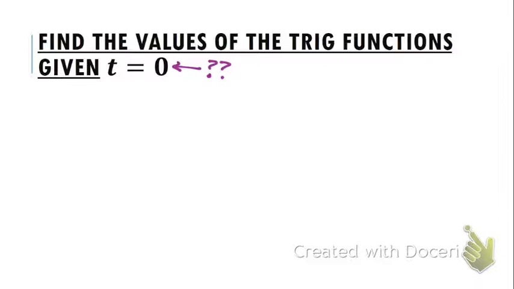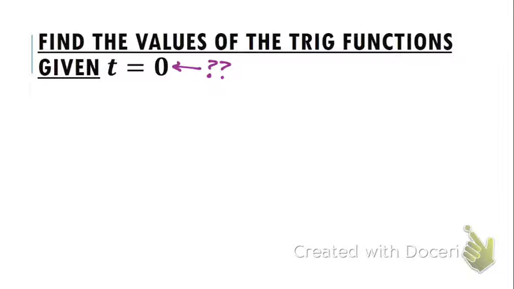Is t a real number? Is 0 a real number? So when they give me a real number like this and they want me to find sine, cosine, tangent, they want me to find sine of 0, cosine of 0, tangent of 0.